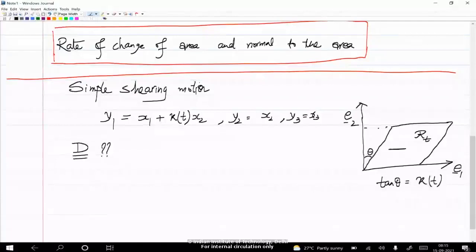Okay, so remember that D relates the rate of change of line elements per unit current length, and the orientation that goes in the formula, that's the current orientation, isn't it?